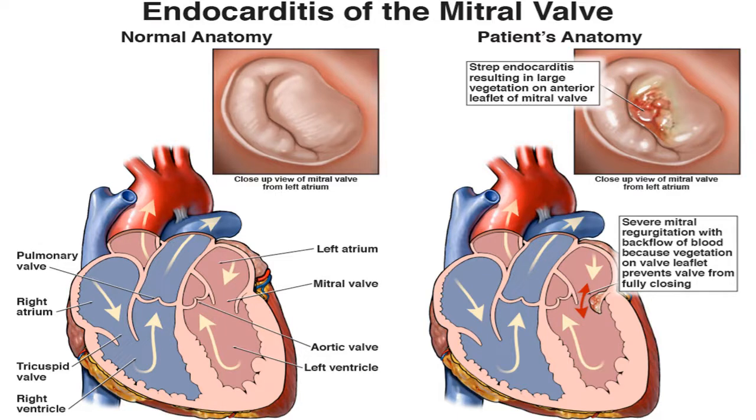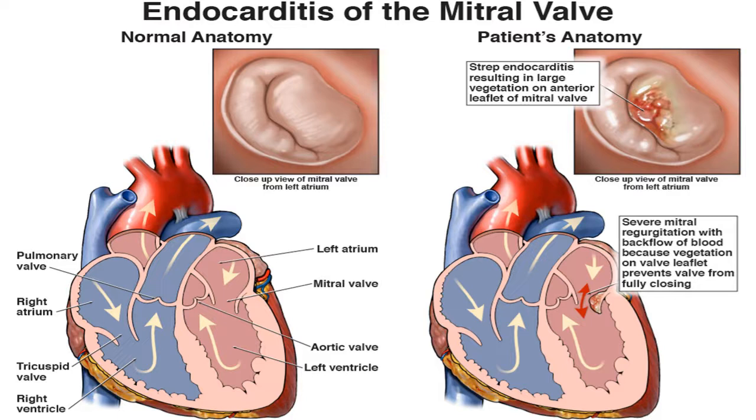For endocarditis of the mitral valve, I have given a little more explanation in this case because it is the most commonly affected valve. Whenever there is involvement of the mitral valve, strep endocarditis results in large vegetation on the anterior leaflet of the mitral valve, which results in impaired closure of the valve, thus leading to regurgitation.